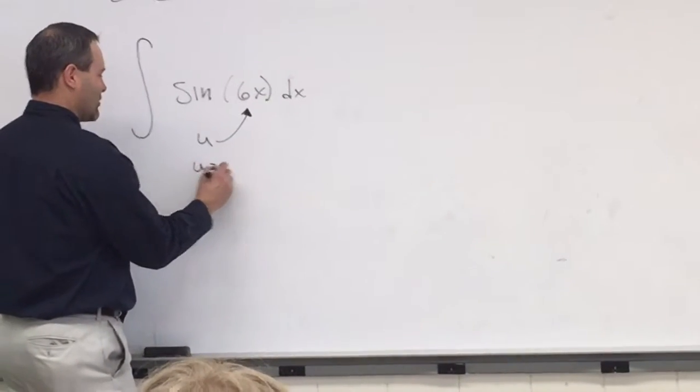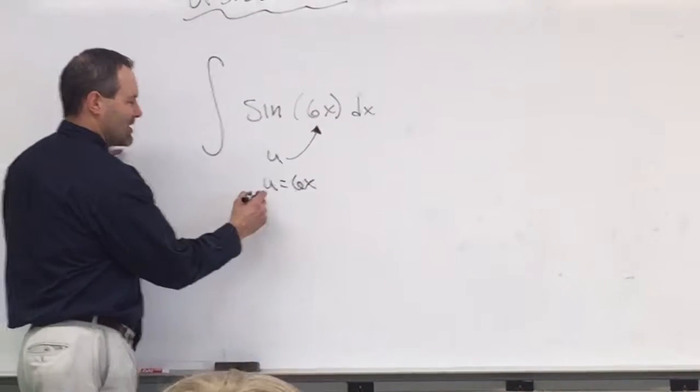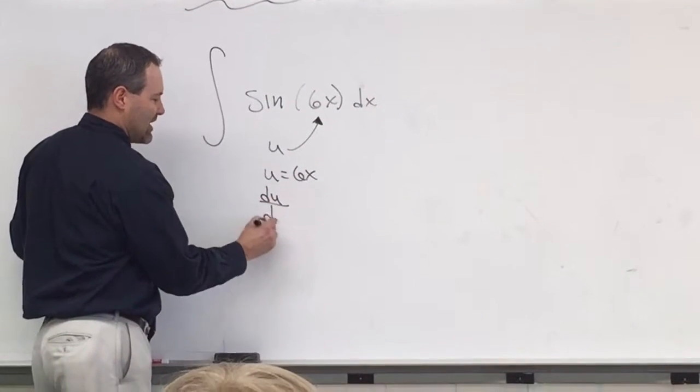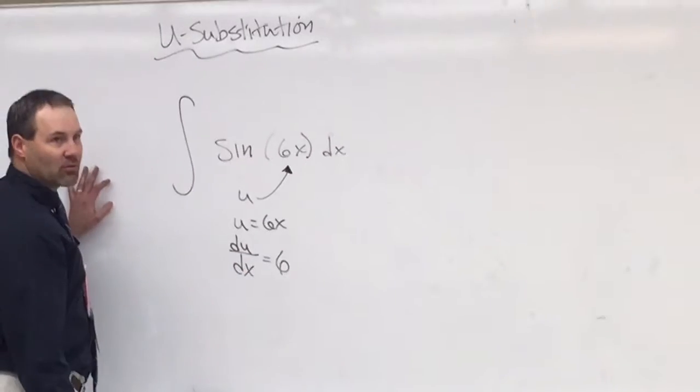So u equals 6x. So next thing we have to do is du dx equals 6. So we find the derivative of u with respect to x.